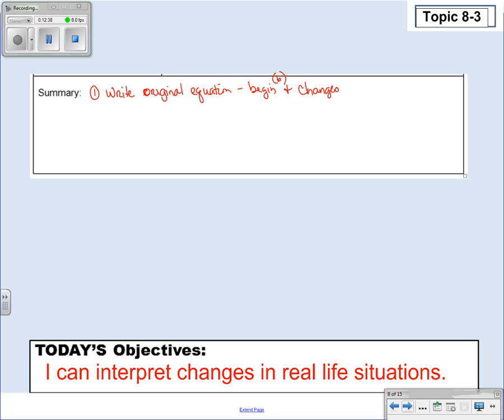We put the beginning as our B, the changes are M. Then the next thing we did is we made the changes to our beginning amount and the change amount, or the M. And then last, we write the new equation.